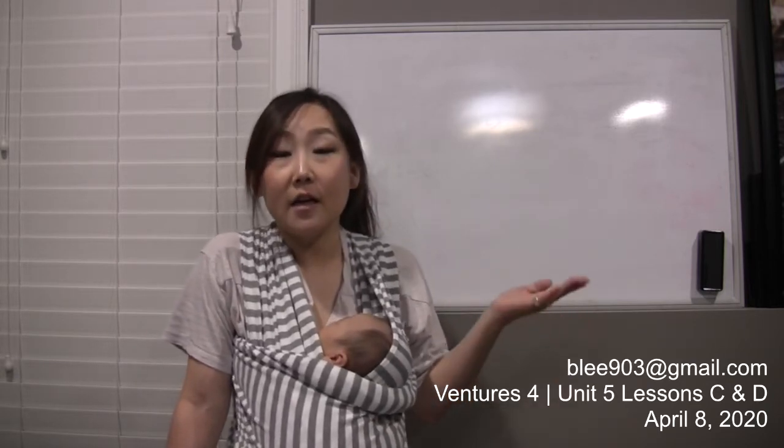If you remember from our Ventures Level 3 class, we learned 3 different usages of the present continuous tense. The first one, of course, is something that's happening right now. For example, I am teaching English right now, and you are watching the video right now. That's the most common usage.